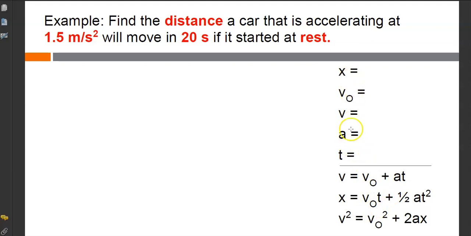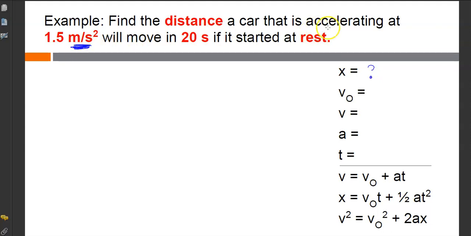But there are 5 variables that we are interested in measuring. And here's all 5 of them. When I read the problem, I'm trying to fill in those boxes. Find the distance. Oh, that's what I'm looking for. So I'm going to put a question mark there. A car is accelerating at 1.5 meters per second squared. I can look at the units right here, meter per second squared.